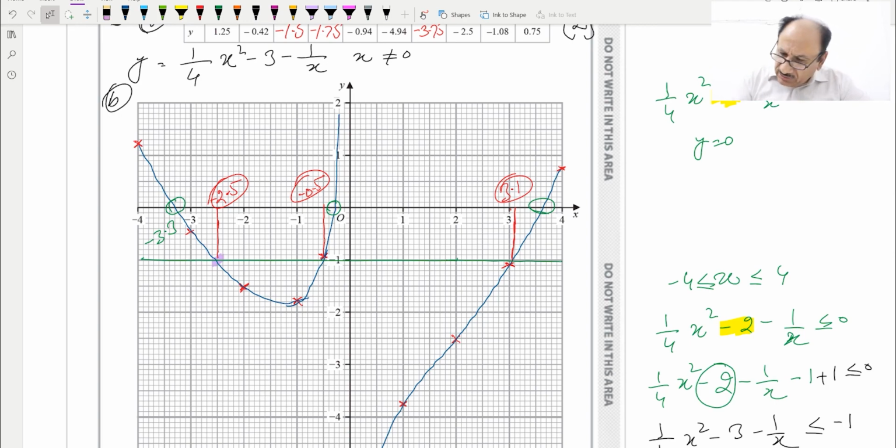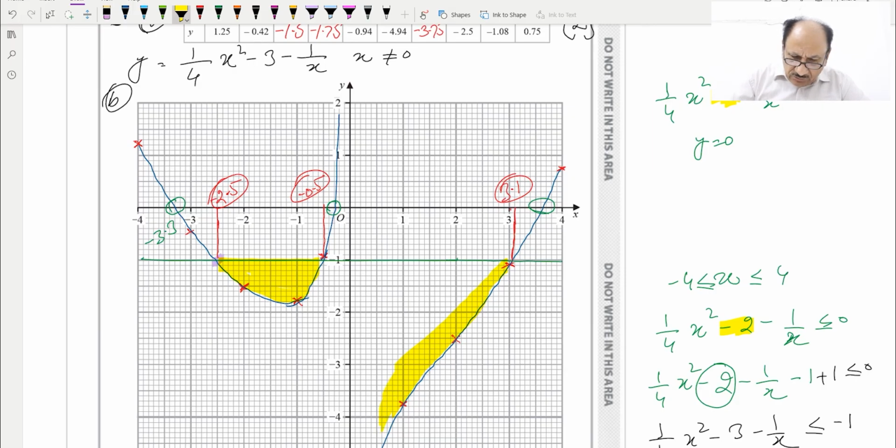So less than, basically minus 1 is this region. If I show you, it's this region, and lower than this region, basically 0 to 3.1 will be the lower region for this area.